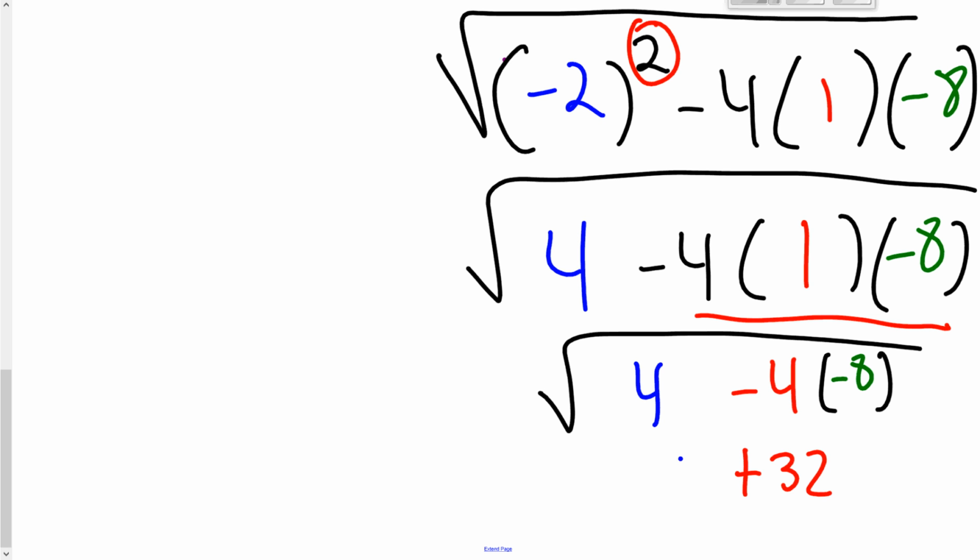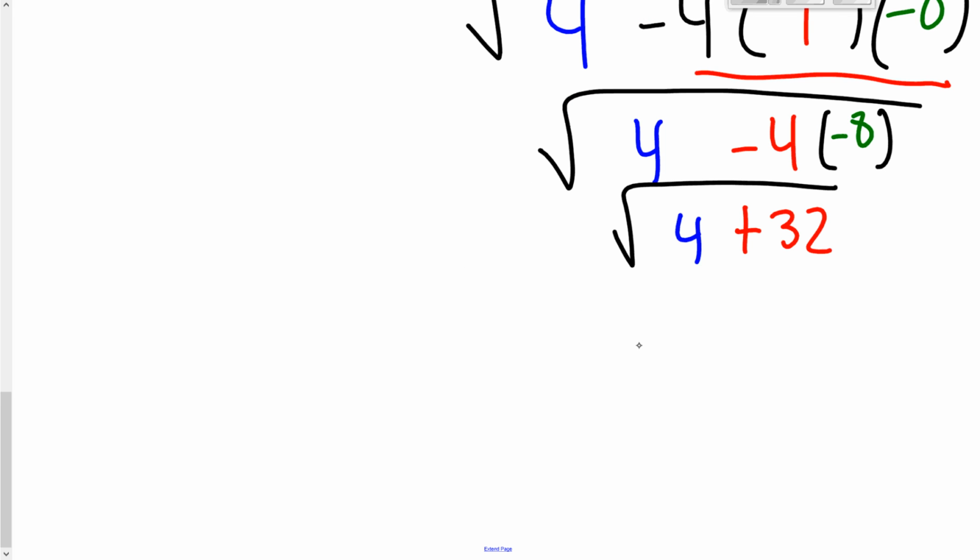And I'm adding my 4 from my b squared, which is 36. So now I have 36 here.